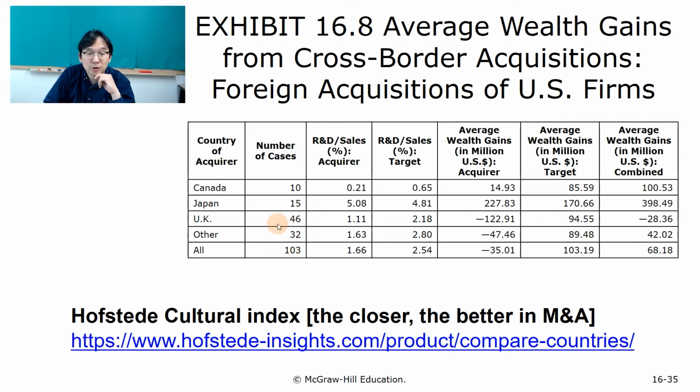Anglo-American culture, naturally UK companies were the most frequent ones. And then you see the average wealth gains of the targets and the acquirers, and the average wealth gains for combined ones, right?